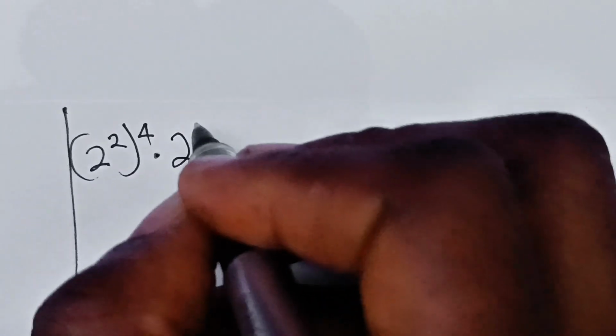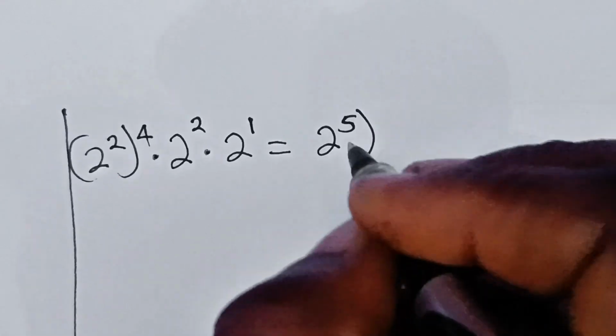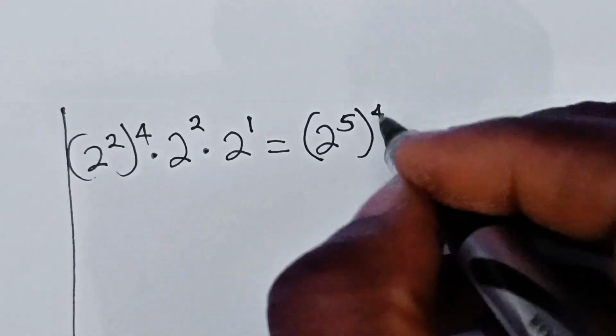We wrote 2 to the power of 2 raised to the power of 4 multiplied by 2 to the power of 2 multiplied by 2 to the power of 1 is equal to 2 to the power of 5 raised to the power of 4x.